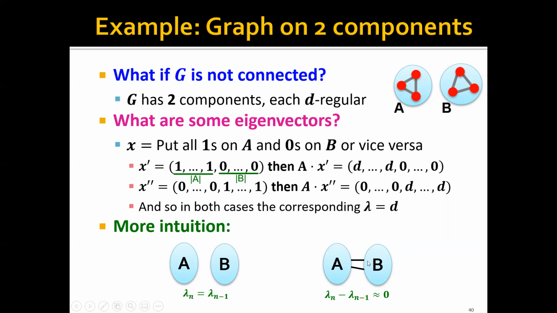Still, in this case, the largest eigenvalue and the second largest eigenvalue will be very similar. Again, lambda n, the largest eigenvalue, will correspond to the largest group in this graph, and lambda n minus 1 will correspond to the second largest group in this graph.